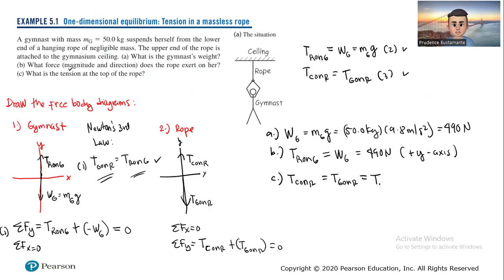They have the same magnitude, which is, we know that the tension of R on G is 490 Newtons. Okay, so that's all.